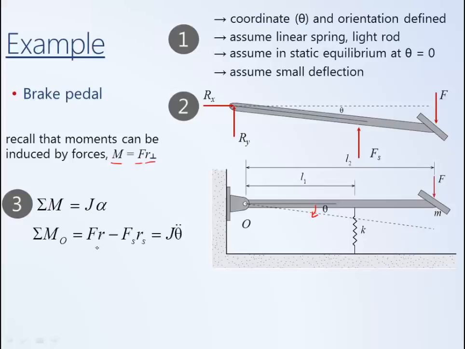So this is the positive moment induced by the applied force F. We'll define the moment arm for the spring force to be R sub S. This force causes the pedal to rotate upward, which is opposite the direction of positive theta, so we define that to be a negative moment. Alpha, being angular acceleration, is the second derivative of angular displacement, equaling theta double dot.